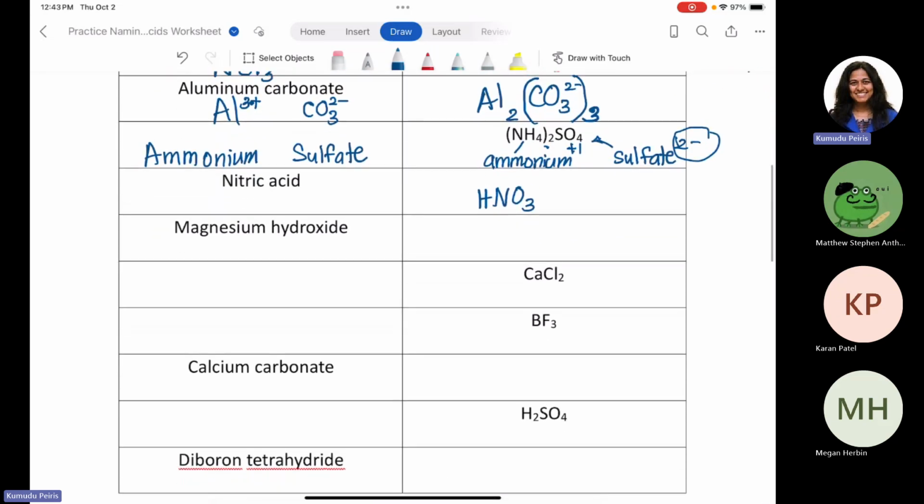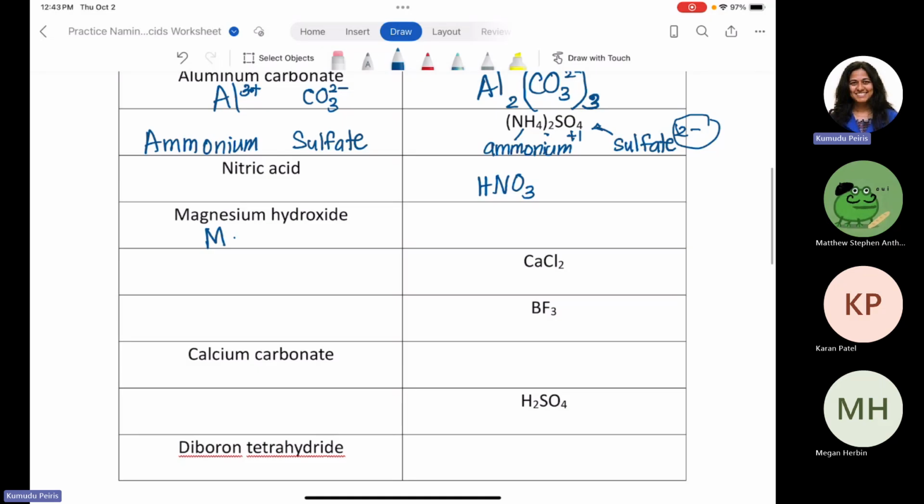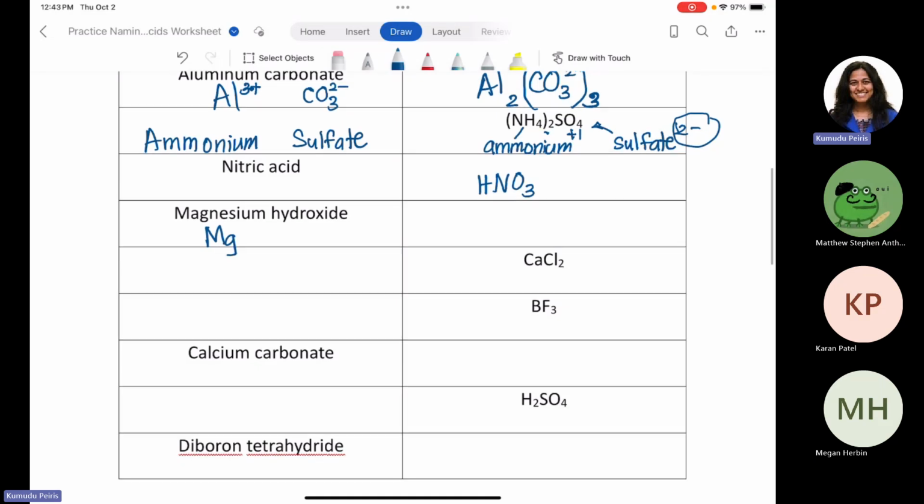Next, magnesium hydroxide. Again, magnesium is in column number 2. That makes only one type of charge, that is plus 2, because its valence shell electron configuration is s2. Those 2 electrons will be lost, will be removed, and will make these plus 2 cations.